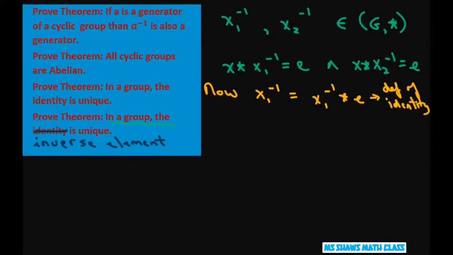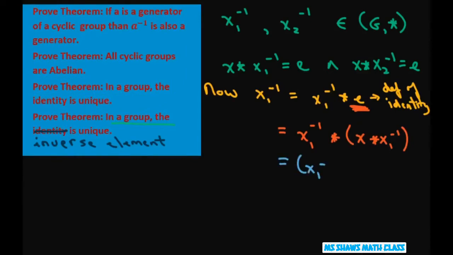Okay, so simplifying, that gives me x sub 1 to the negative 1, and I can rewrite E as x star x sub 2 to the negative 1 from above. So that's from that.